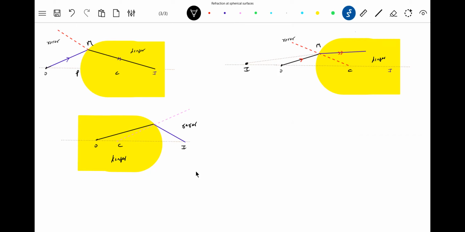That pink dotted line is the center of curvature. This is the normal. Okay, this is the thing. So now I'll bring another situation here.